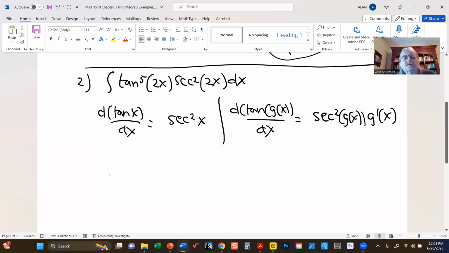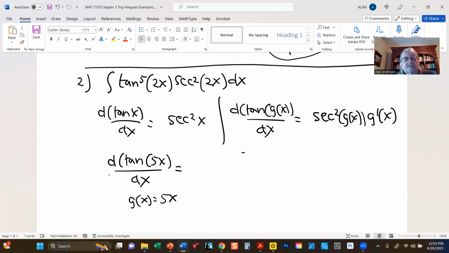And so in this case, if we're looking at the tangent of 5x, we're going to treat g of x as 5x. You can see this is a composite function.